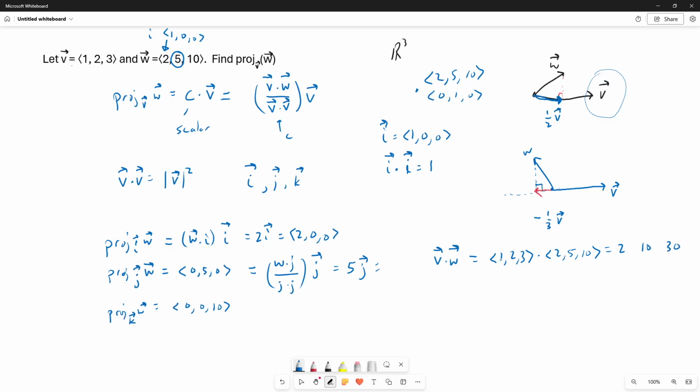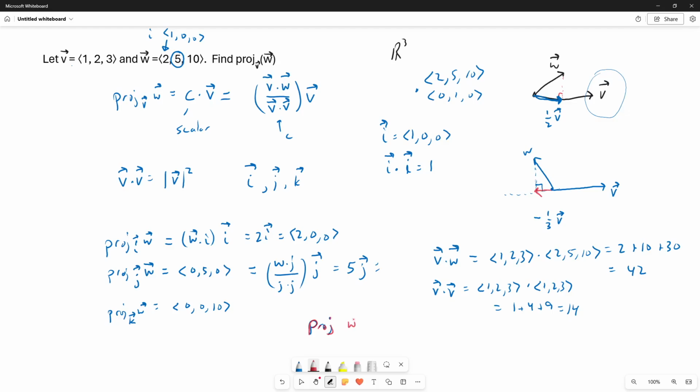So those are the products of the corresponding components, and then we have to do the sum of those products, and that's 42. And v dot v is 1, 2, 3 dotted with itself, and that's going to give us 1 times 1, 2 times 2, 3 times 3, and add those together, and we get 14.